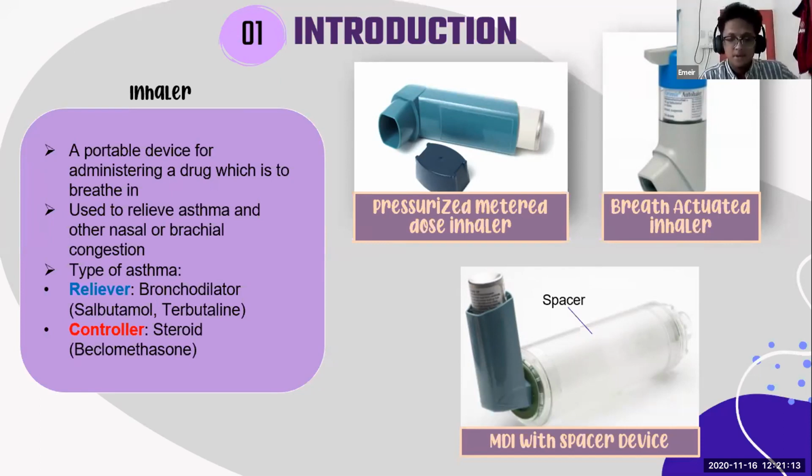There are two types of asthma inhaler, which are reliever and controller inhaler. The reliever inhaler contains a bronchodilator such as salbutamol and terbutaline, and usually it is blue in color. The controller inhaler contains steroid drugs such as beclomethasone, and usually it is brown or red in color.